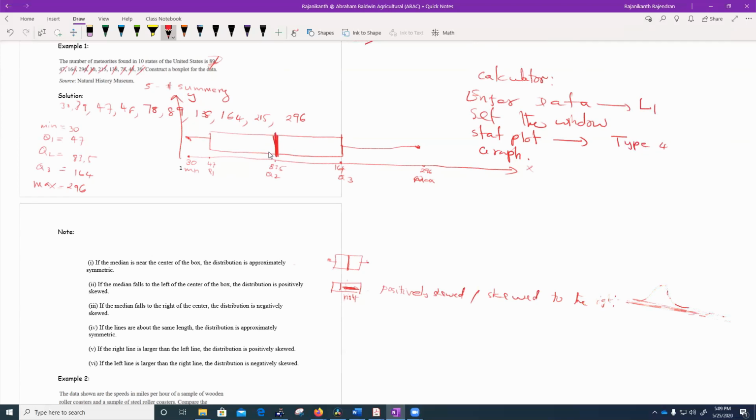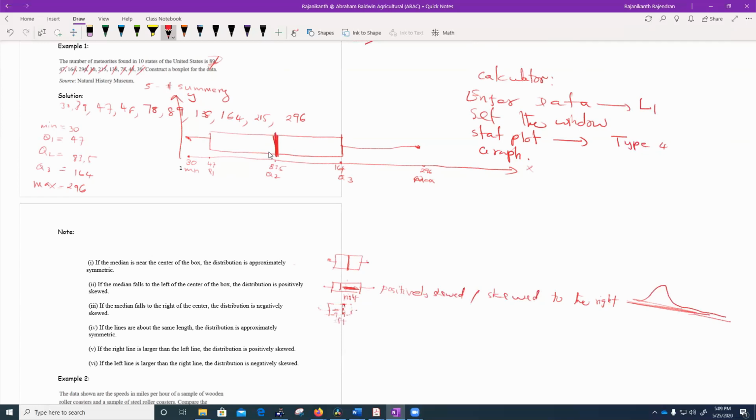If you have your box plot and the median line falls to the right of the center, right? That means you have the median line somewhere here, and then you have more space on the left side.